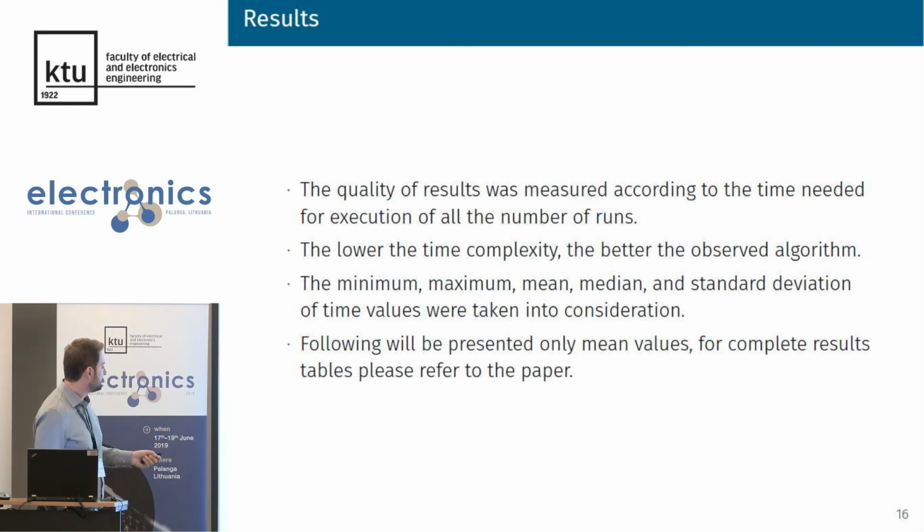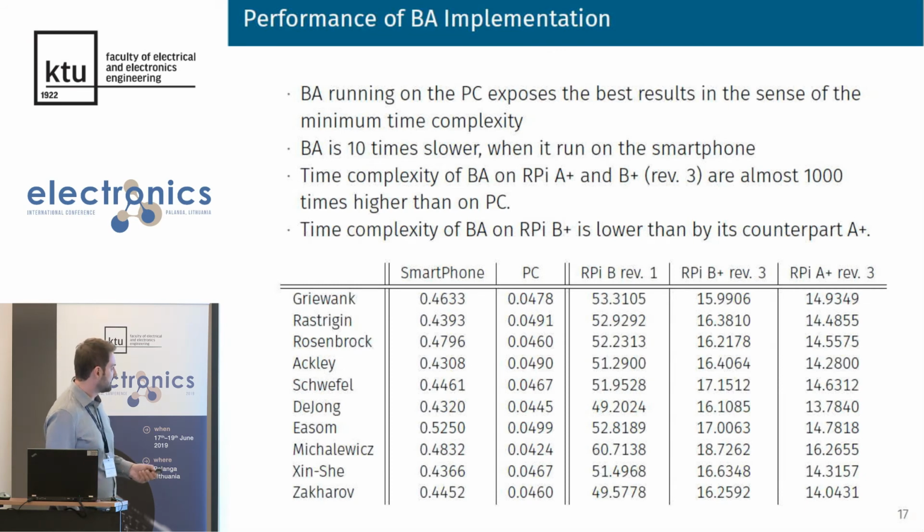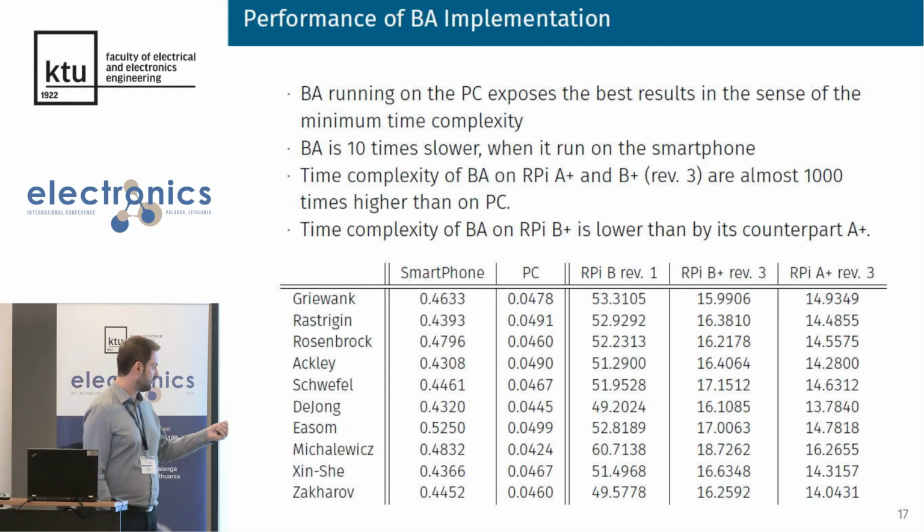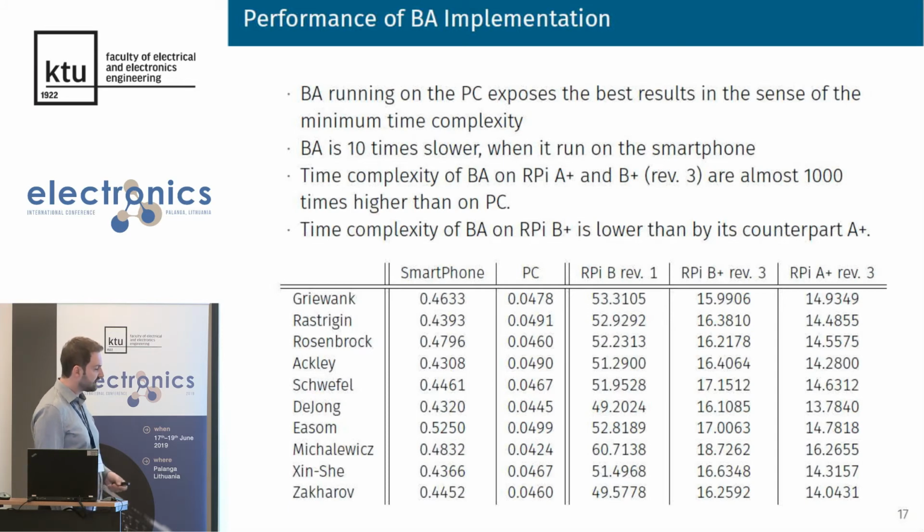Logically, the PC and smartphone performed the best. The PC exposes the best results in the sense of the minimum time complexity. BA running on the smartphone is around 10 times slower than on PC, but focusing on the Raspberry Pi platforms, we can see the progress made from the revision 1 Raspberry Pi to the latest revision 3, which is around 4 times less time complexity, which is quite nice improvement.